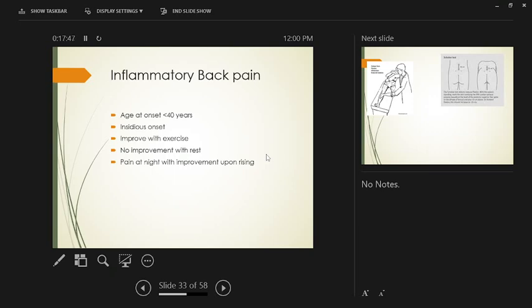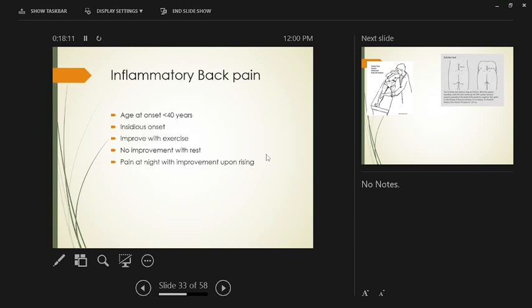So what is inflammatory back pain? Just a few words. There are a few features to recognize inflammatory back pain. Usually the age of onset is less than 40 years, and it's of insidious onset, and it tends to improve with exercise, and there is no improvement with rest.